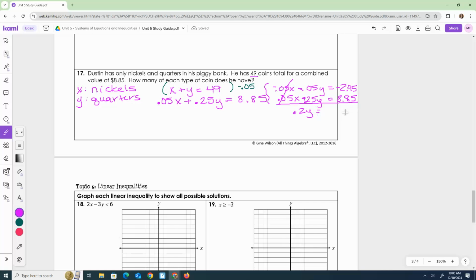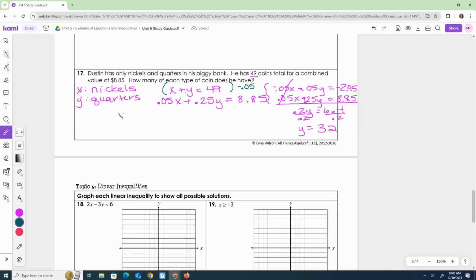Negative 2.45 and positive 8.85 is 6.4. Divide. And y equals 32. And once you have y, you can just come back and plug it in.